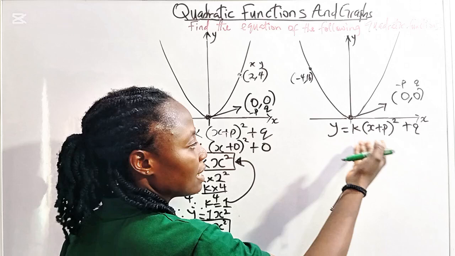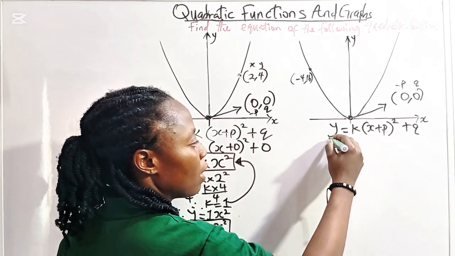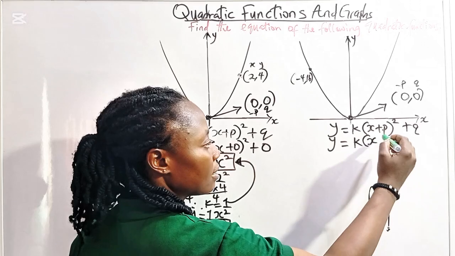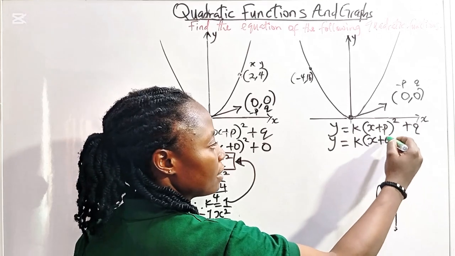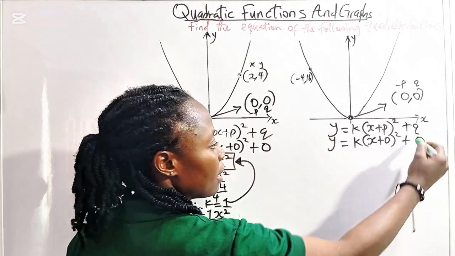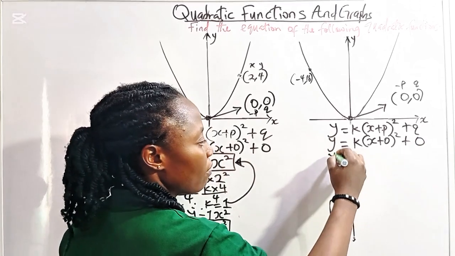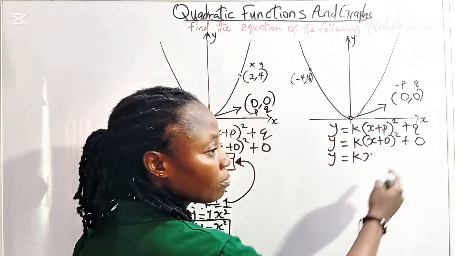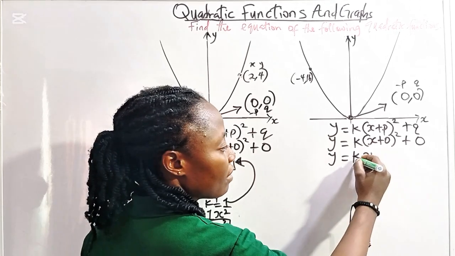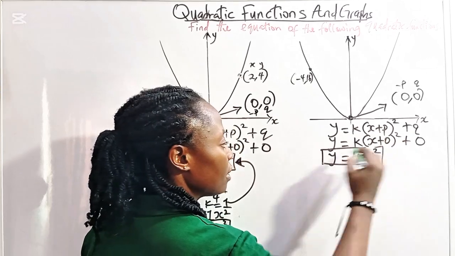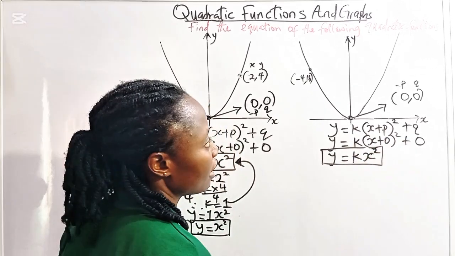So we have y equals k, open a bracket, x plus our p, which is 0, squared, plus our q, which is 0 as well. So we have y equals k, x plus 0 is x. So we have k x squared. Good. That is the equation.